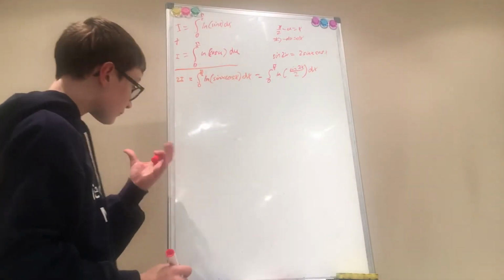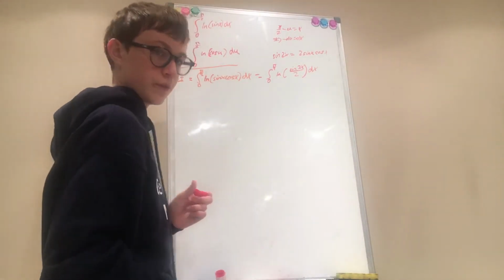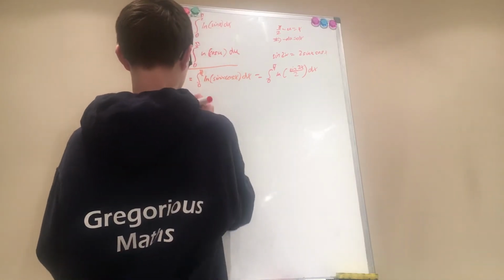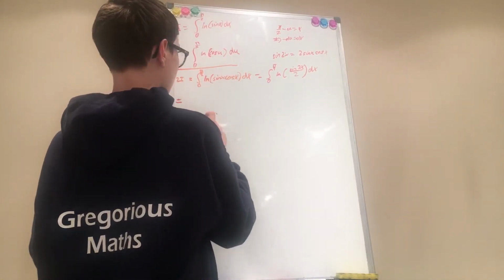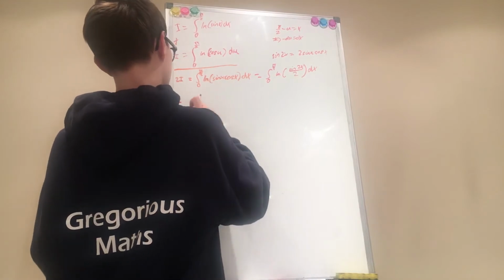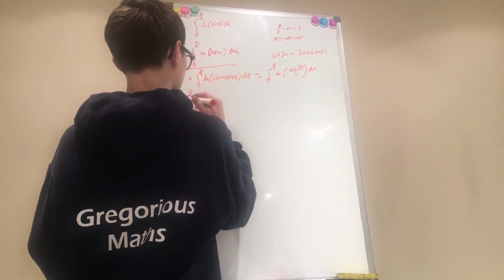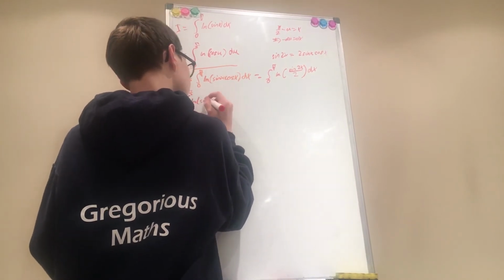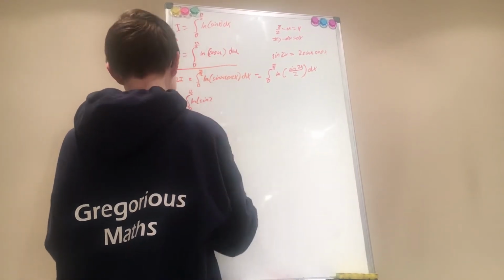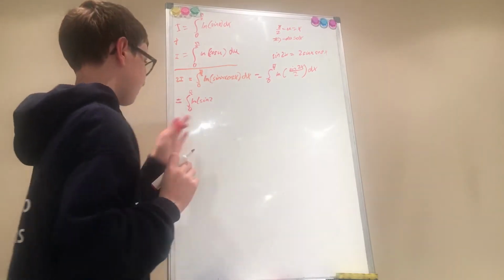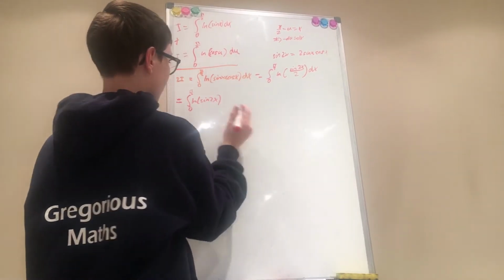Okay? And now this is good. This is very good. This is equal to... yes. The integral between 0 and pi over 2 of ln of sine of... can't say it. X.